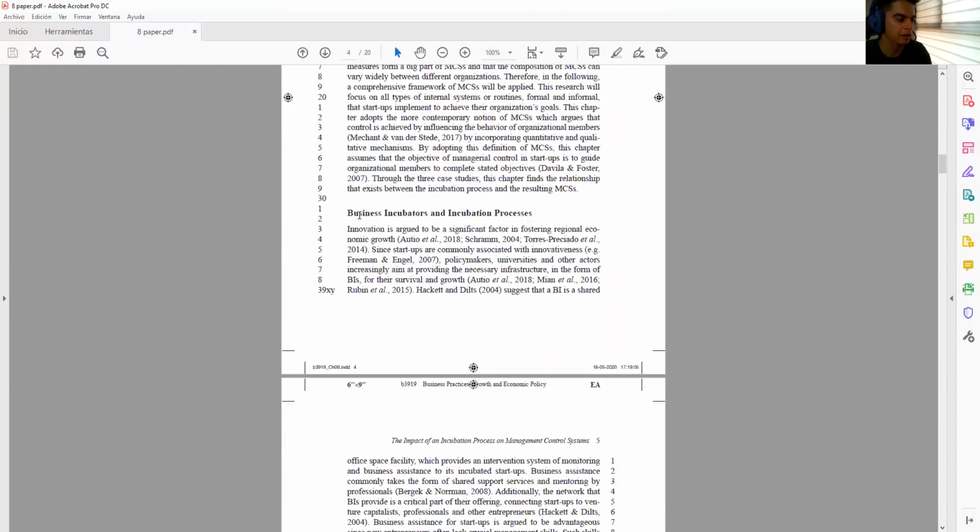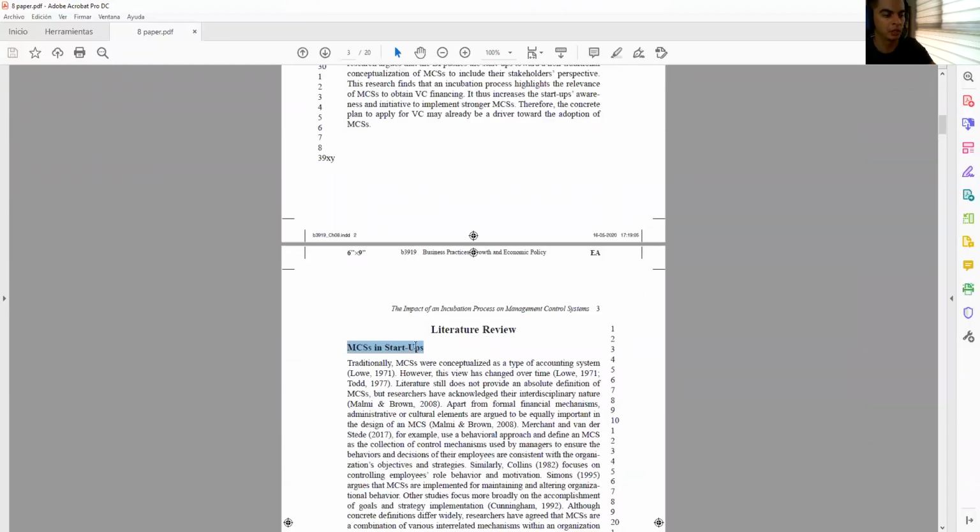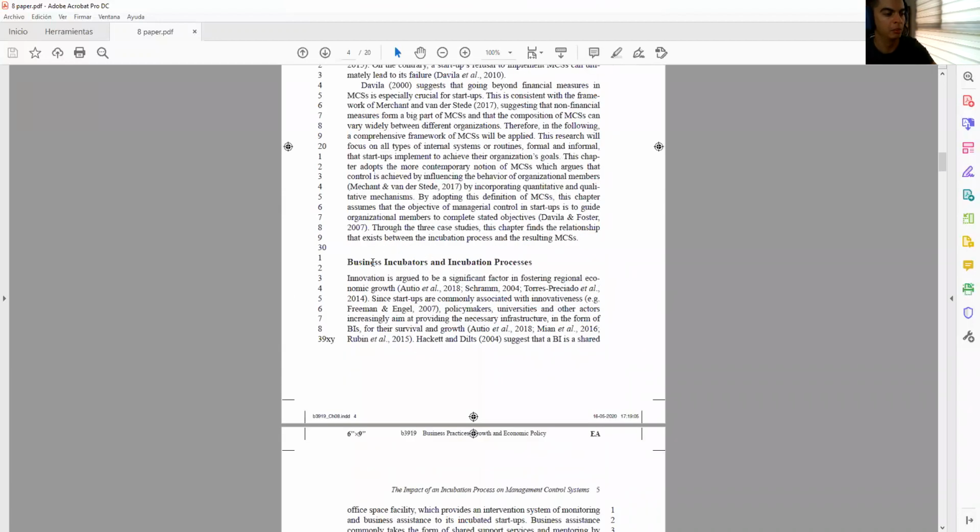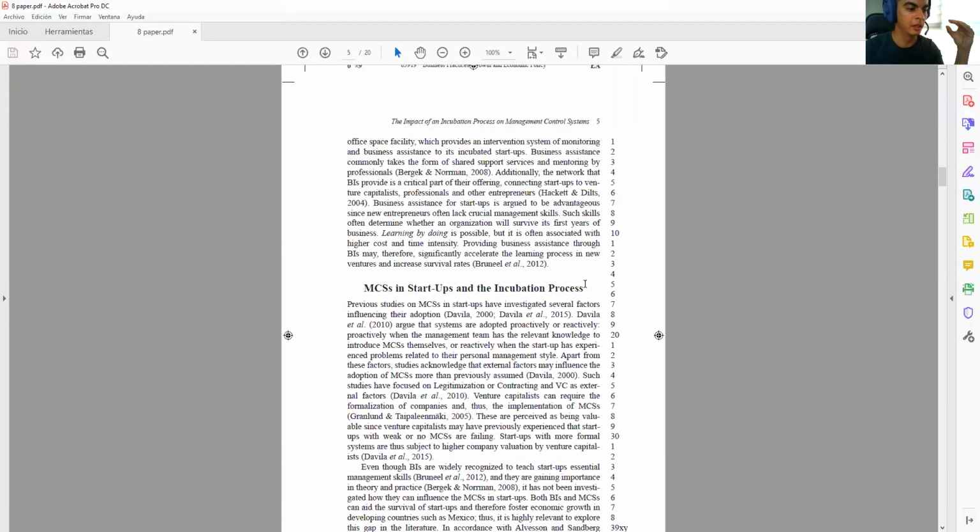The second subsection is business incubators and the incubation process. That is the second important concept, right? One is management control systems and the other one is the incubation process. And in the end, the last subsection is the mix of these two, management control systems and the incubation process.